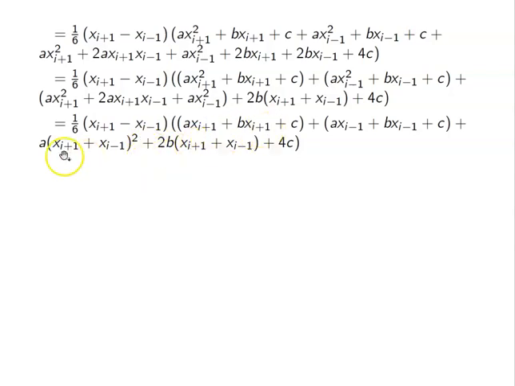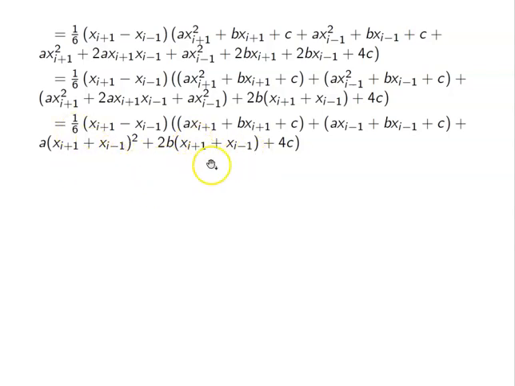So all I did was factor this perfect square term here. All right, and notice that I was able to pull out this a. So I have a perfect square of xi plus 1 and xi minus 1, 2b times xi plus 1, xi minus 1, and 4c's. All right, so this is looking like another parabola where I'm plugging in almost the midpoint, right?